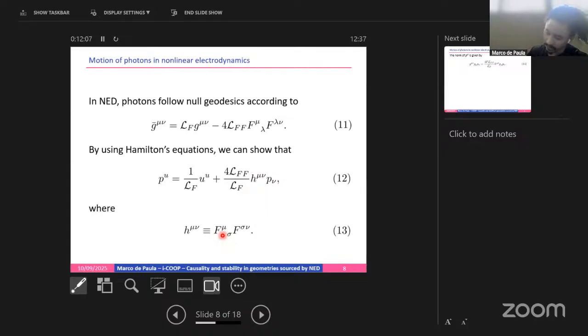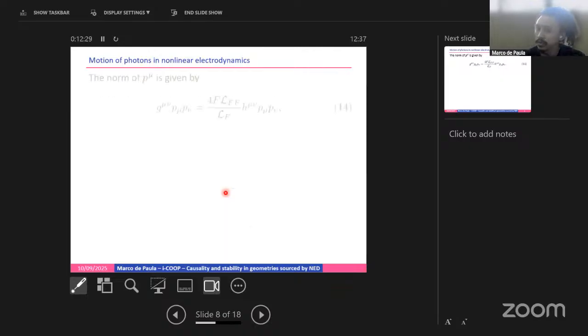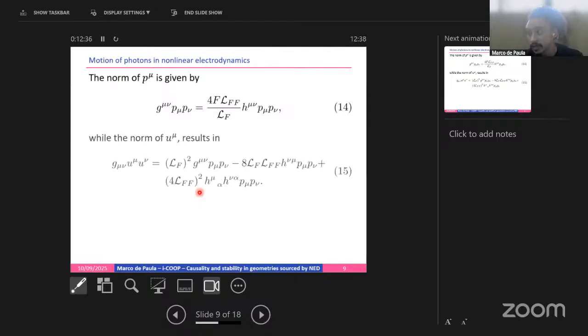So equation 12 is telling us that the full momentum of photons in nonlinear electrodynamics is not necessarily parallel to the full velocity of photons, because we have this additional term, which can be made, for instance, positive or negative, and change the sign of the norm. To have a better idea of what is going on here, we can compute the norm of the full momentum, obtaining equation 14, and we can also compute the norm of the full velocity, obtaining equation 15.